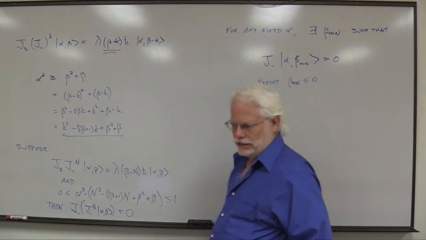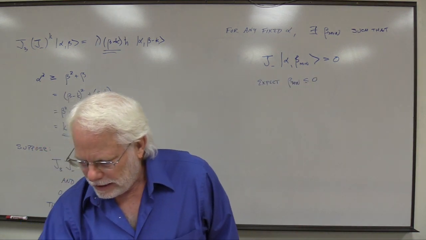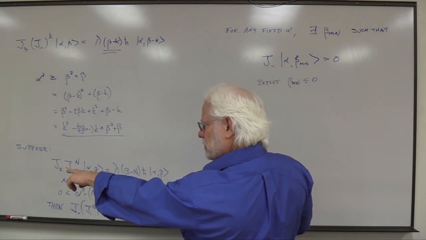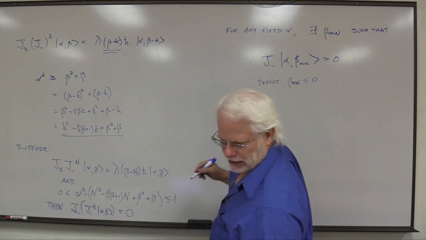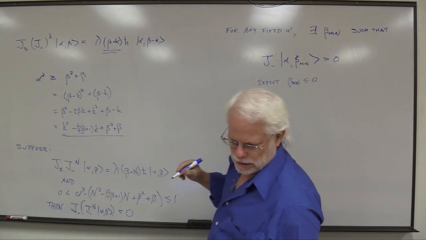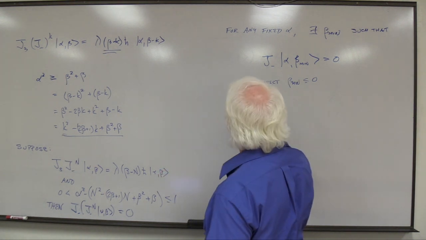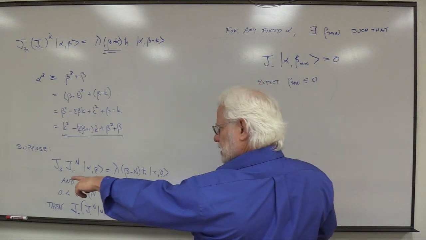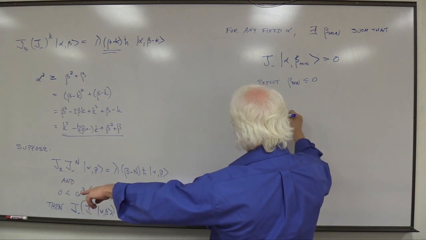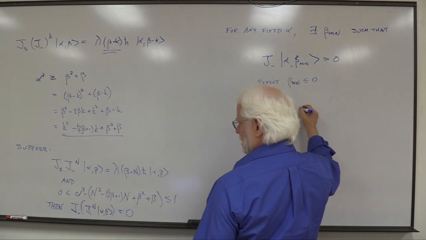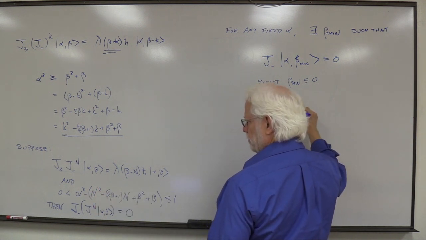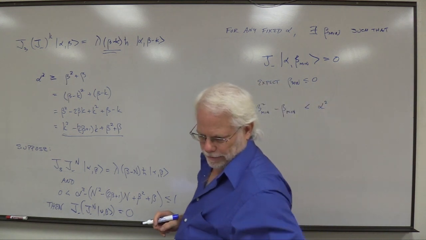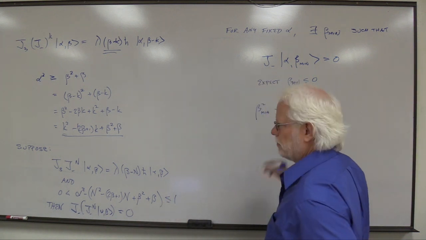It could be equal to 0, but what that means is that we need to have, where's the inequality here? Beta squared plus beta? Well, let's look at beta min. If we look at beta min squared minus beta min, this has to be less than or equal to alpha squared.